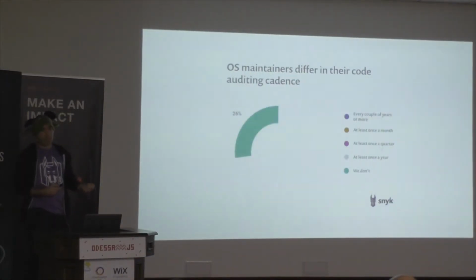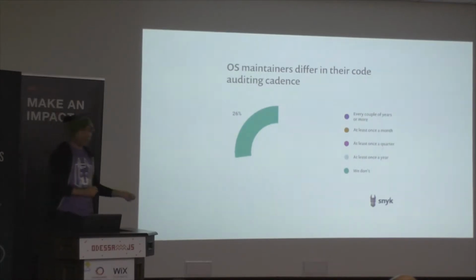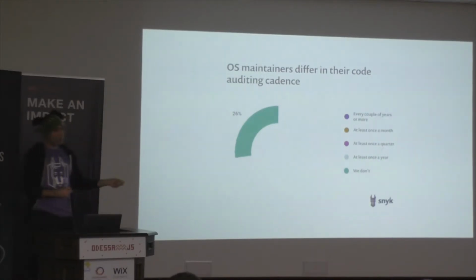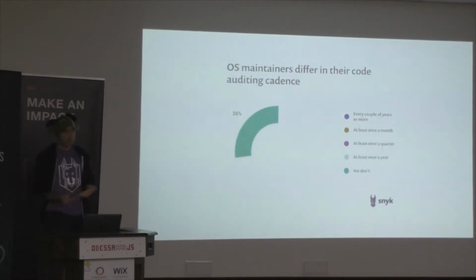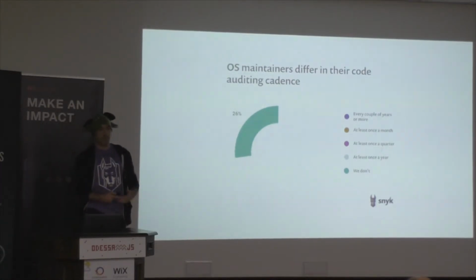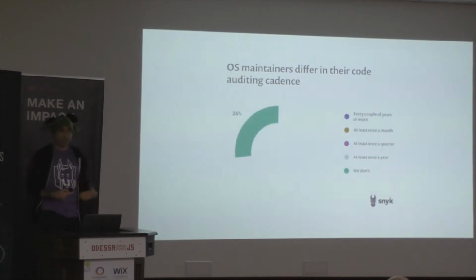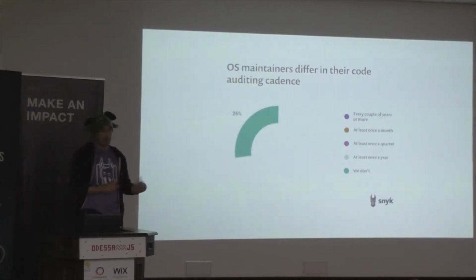Another question that we asked in that survey was, how often do those maintainers audit their code bases? So think about any library that you may use. How often do maintainers go through, for example, a security audit? Are they doing security application testing? Are they doing secure code reviews to actually vet each PR? Are they doing that or not?